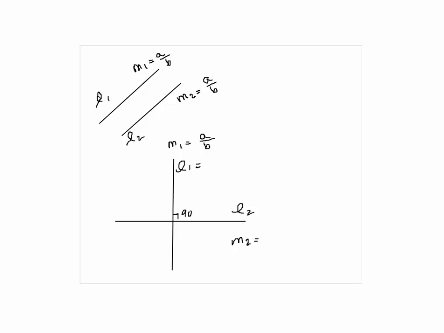Kansas says A over B. No. Someone says B over A. Not quite. Negative A over B, negative B over A, B over A. Yeah, negative and reciprocal. You guys need to review the old session. We talked about this last week. If two lines are perpendicular, the slopes are negative reciprocals of each other.